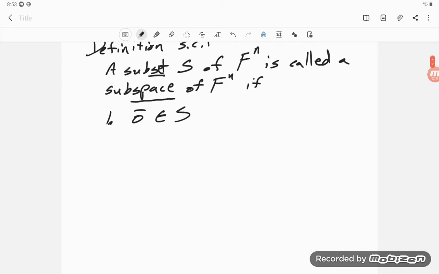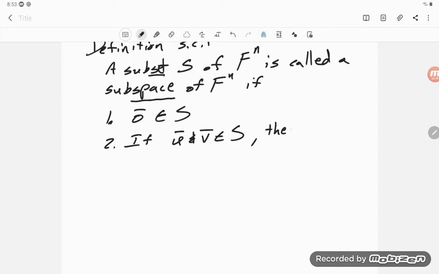So that has to be in there. Then two, if U and V are both in S, then their sum, U plus V, is an element of S.